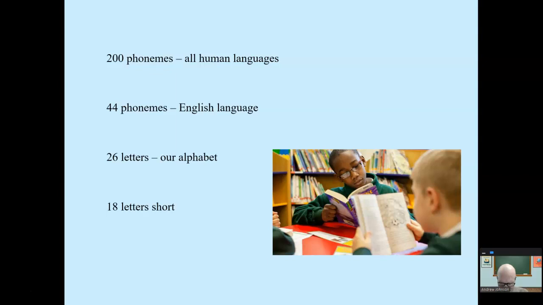So rather than invent 18 new letters, somebody decided that we should put existing letters together in exciting new combinations. Brilliant!